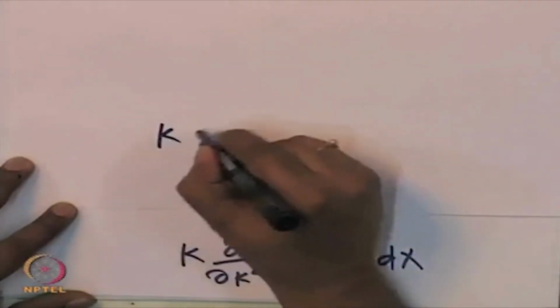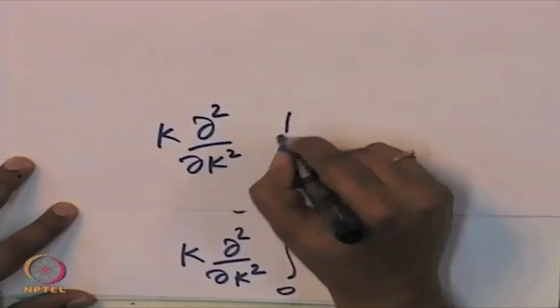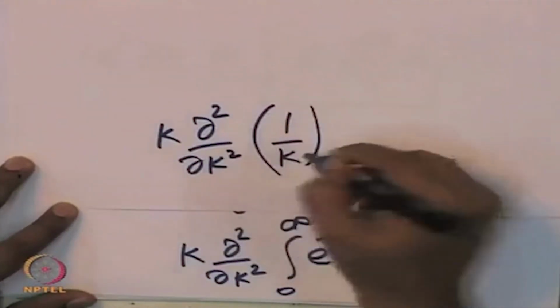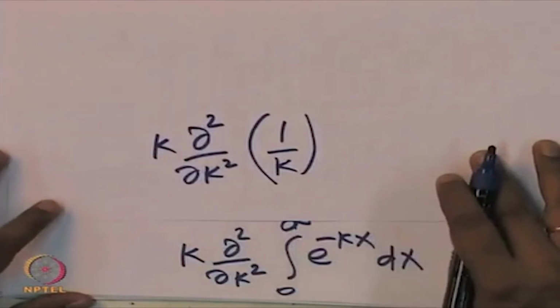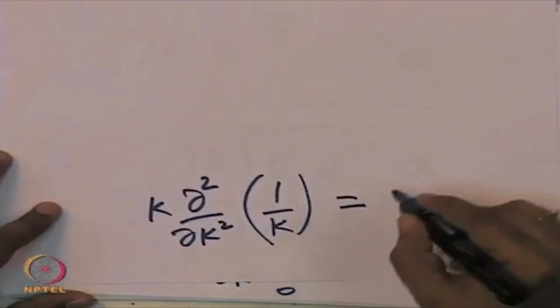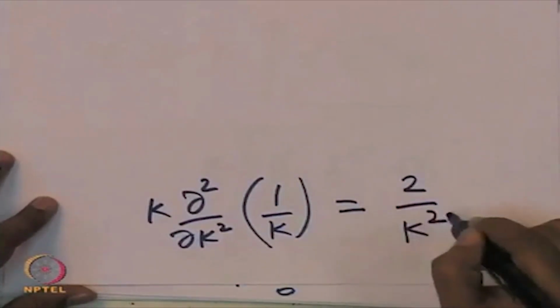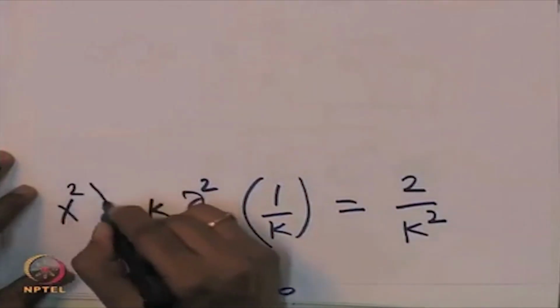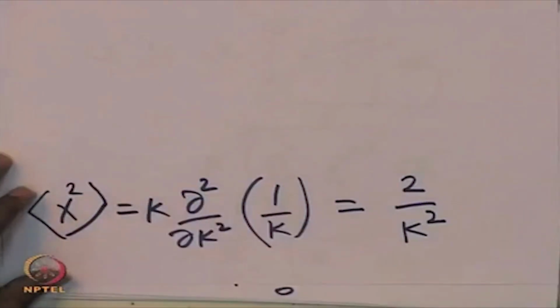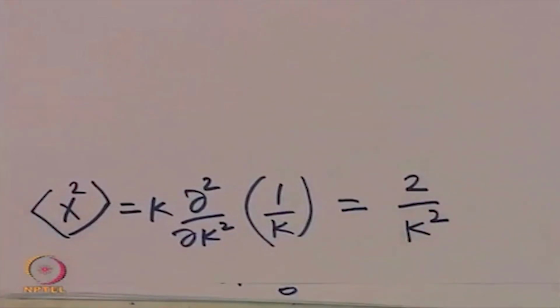So, this is k del square by del k square of 1 over k, and if you do this, the answer is 2 over k square. So, this is what x square average is. So, x square average turns out to be 2 over k square and x average is 1 over k.